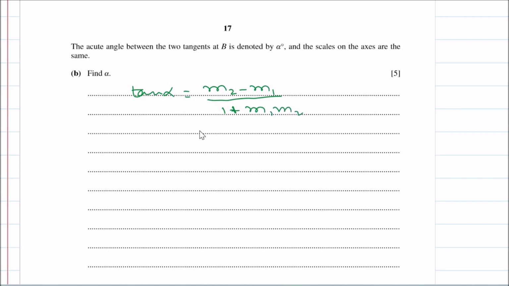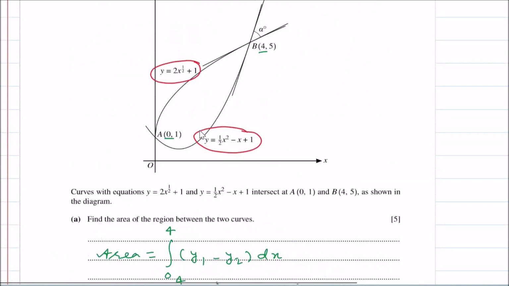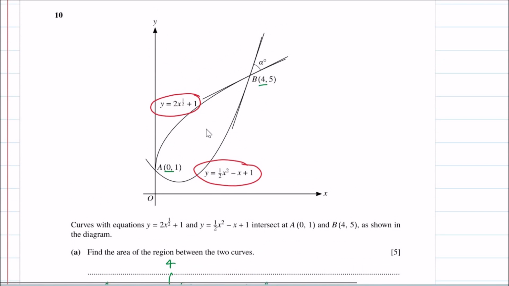So what are m1 and m2 here? m1 and m2 are the gradients of the tangents. So we need to find the gradients of both the tangents at the point B.